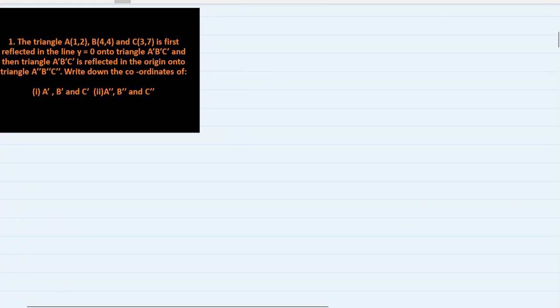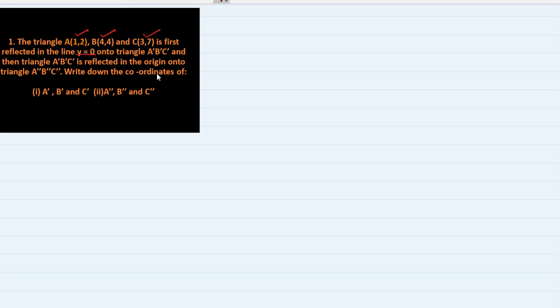The triangle ABC, the coordinates are given to you. The coordinates of triangle A, B and C are (1, 2), (4, 4) and (3, 7). It is first reflected in the line y = 0.